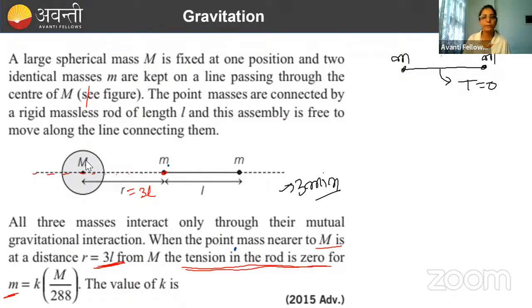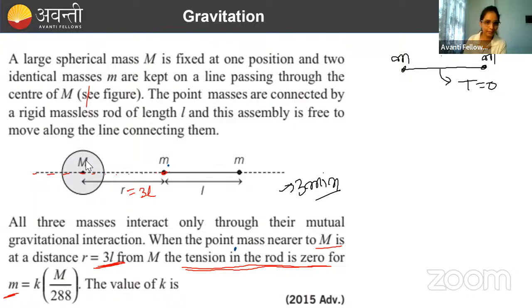And if there is no extension or compression, tension will be 0. That is Kx. What is spring force? F equal to Kx. F tension force will be equal to what? 0. So tension in this rod will be 0 when the force acting on it is equal and opposite.